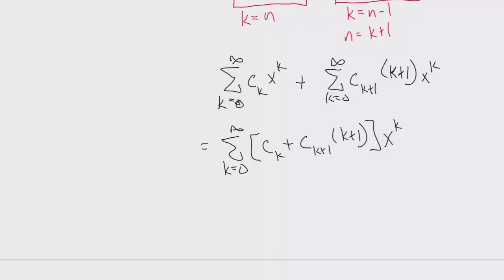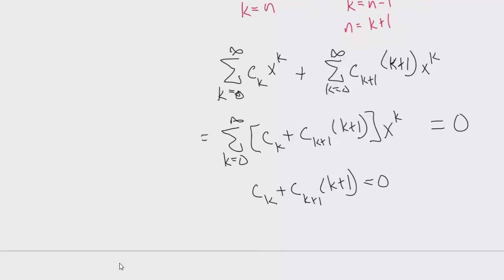As a reminder, this entire expression was equal to 0. So what does that tell us has to equal 0? That's this inside piece: c sub k plus c sub k plus 1 times k plus 1. Those terms have to be 0.